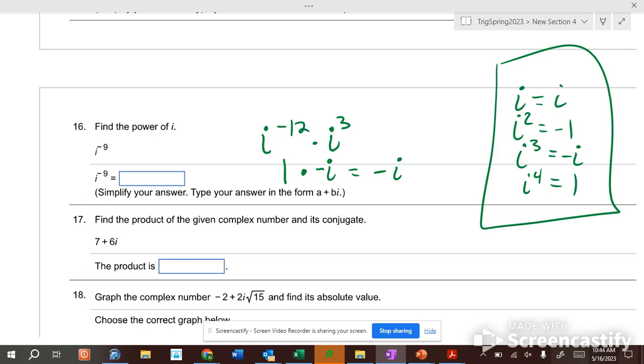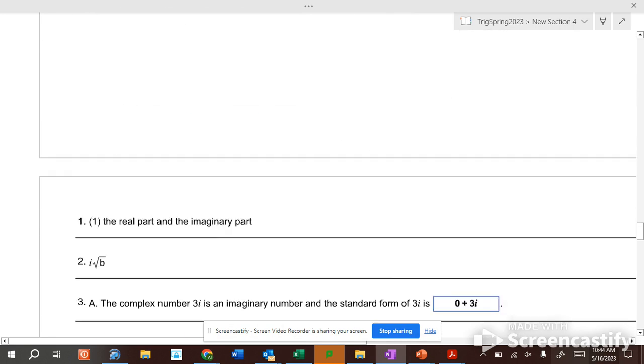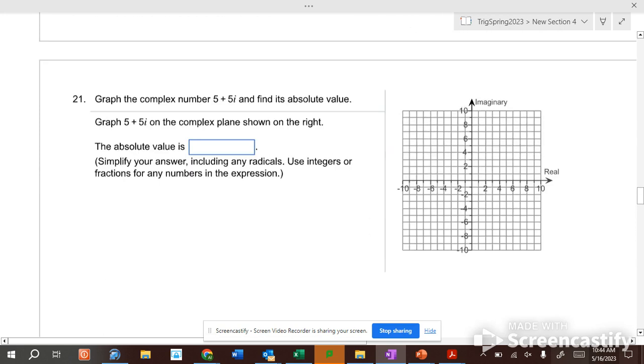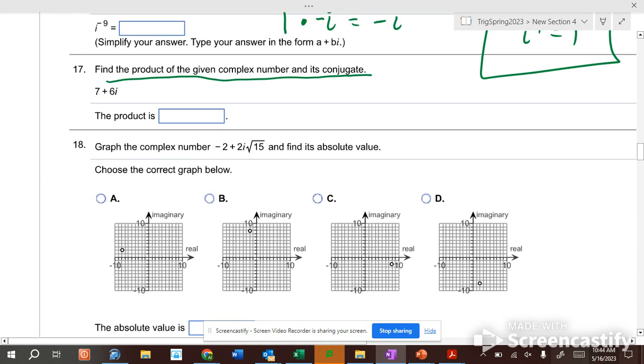All right, continuing on. Find the product of the given complex number and its conjugate. What they mean by that is you have to take 7 plus 6i times 7 minus 6i.